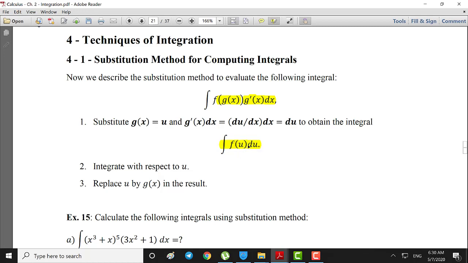Now we have to integrate this with respect to u, and in the final result that we're going to get, we're going to replace u by g of x. Yes? This method is called the substitution method because we are considering some part of the integration as u, and we are substituting that part with u in the final result.